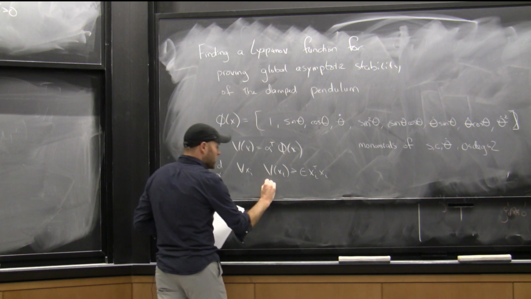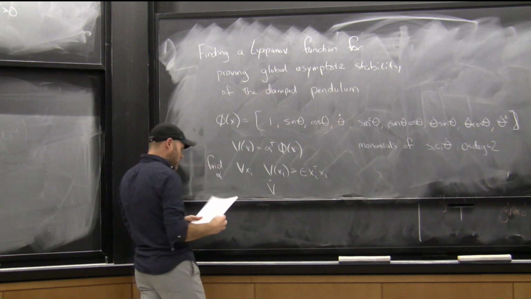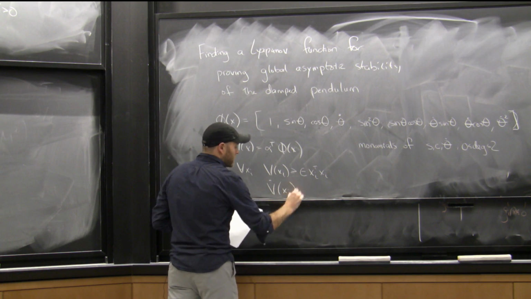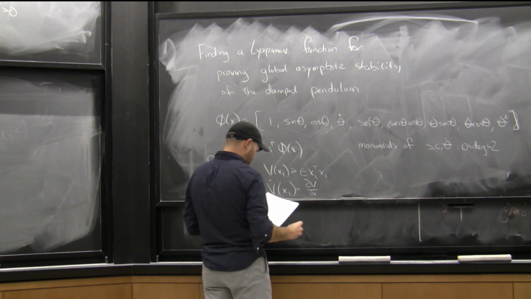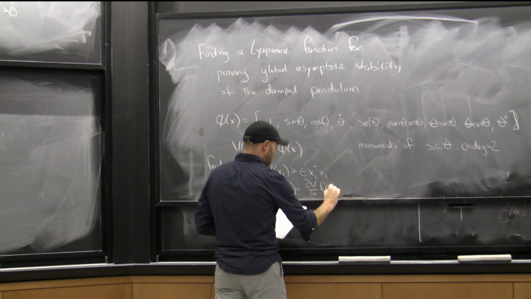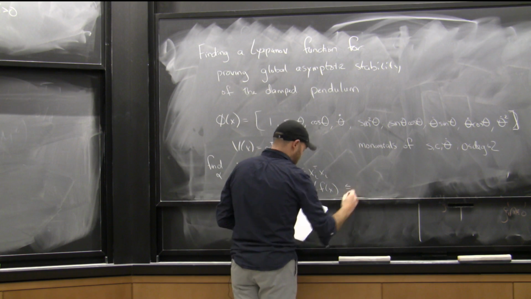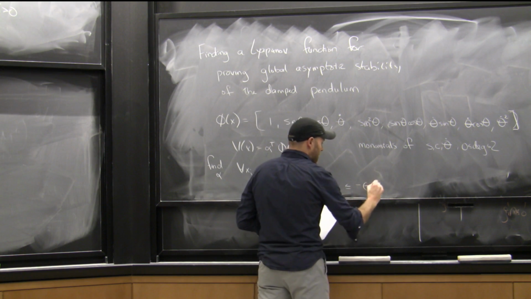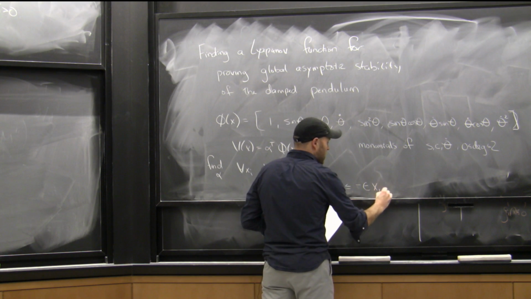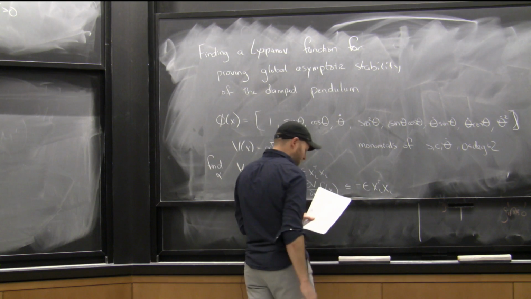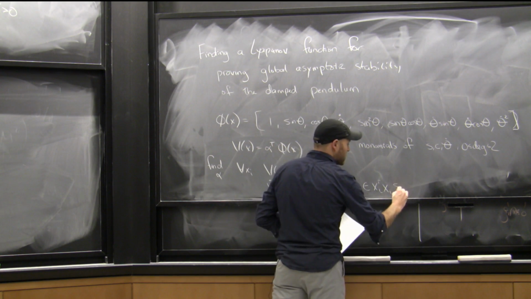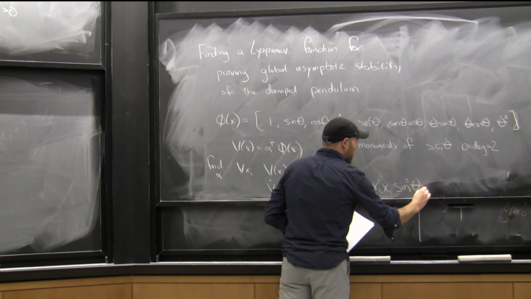Okay, and then I said V dot of x_i, which of course is partial V partial x times f of x, had to be less than or equal to some epsilon x_i transpose x_i. And here's the trick, really, times sine squared theta.